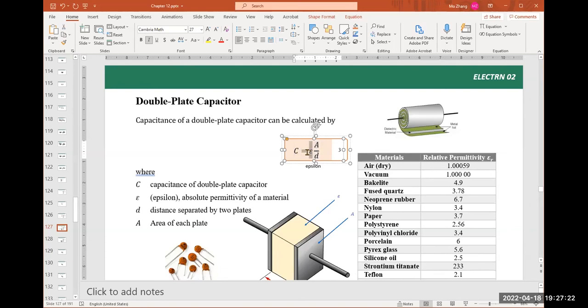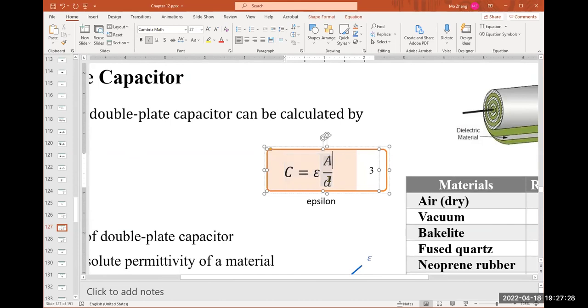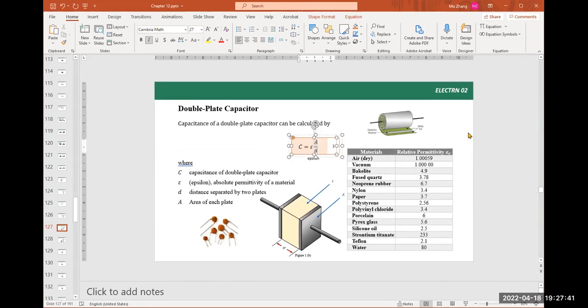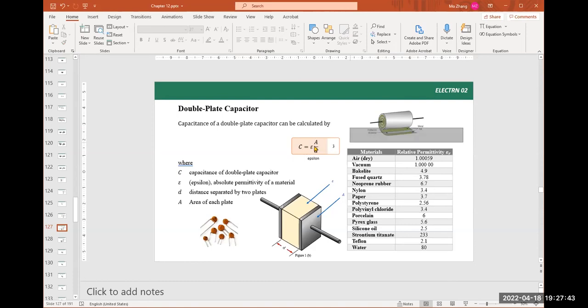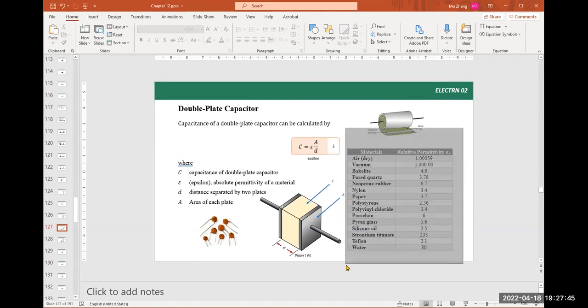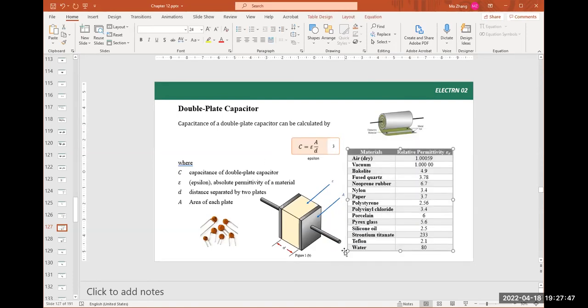And it's also proportional to this material property. So together, these three quantities can be used to figure out the capacitance. This is a very important formula. We have one final exam question where I use this with the table to figure out a double plate capacitor's capacitance.